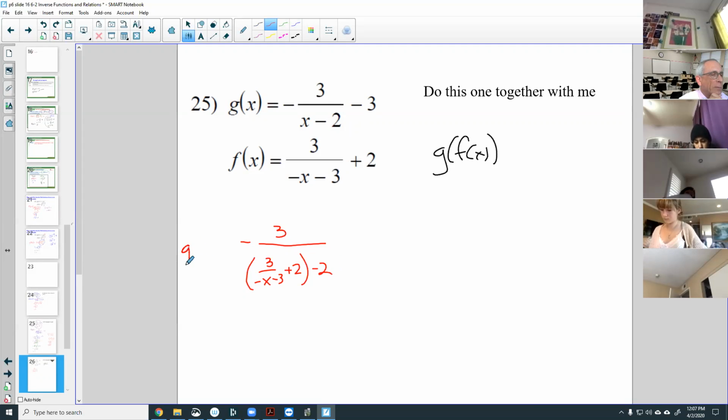This is what you have here for g of f of x. That's your first step. You took f of x right here and you stuck it in right there.